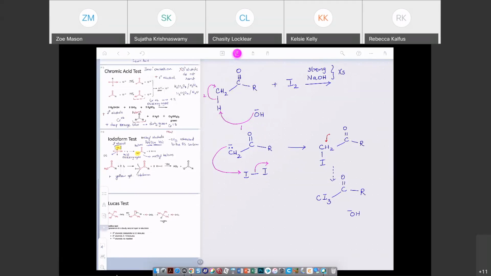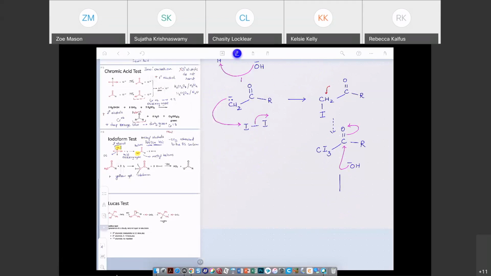So what's going to happen is the sodium hydroxide now attacks this carbon. This double bond becomes a minus charge, moving towards the oxygen. So you get CO minus, hydroxyl, and R. Now this comes back down, and this is a good leaving group, so it leaves.